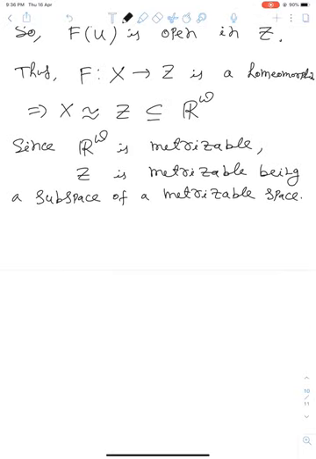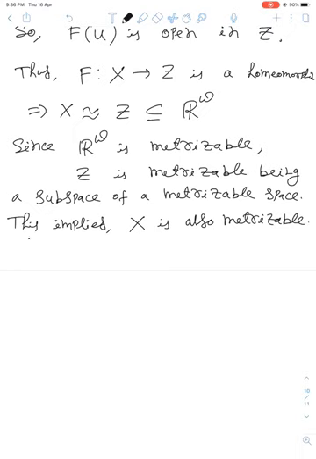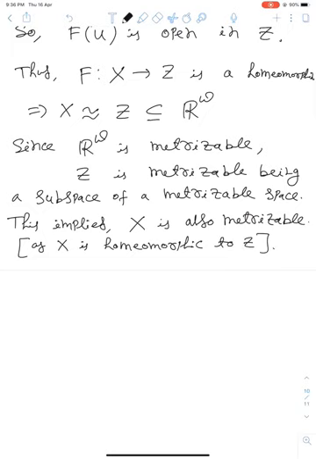Now this implies X is also metrizable. Why? As X is homeomorphic to Z, right? So this completes the proof. So we stop here.